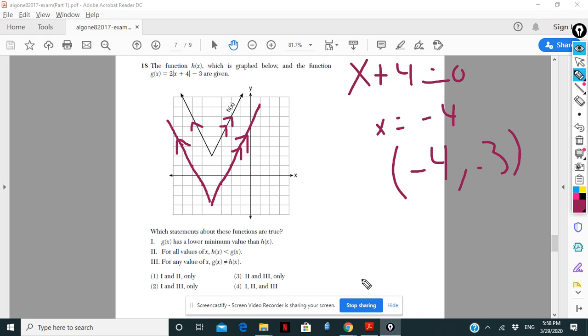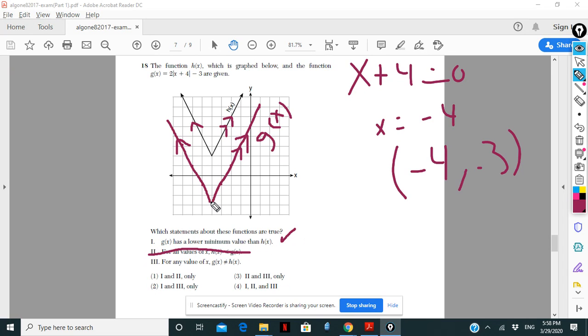So that's f(x), that's g(x), as we say. So the value for g(x) is always less than the value for h(x). So this statement is incorrect. g(x) has a lower minimum. Yes, that's correct.